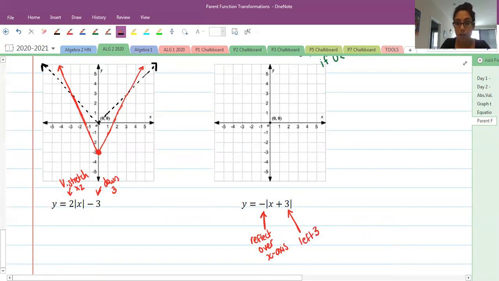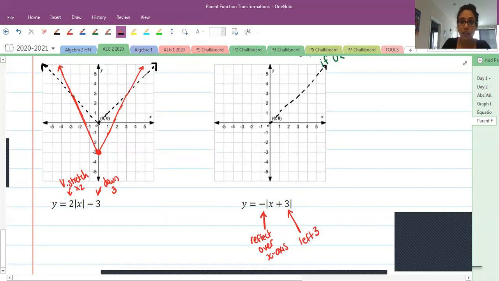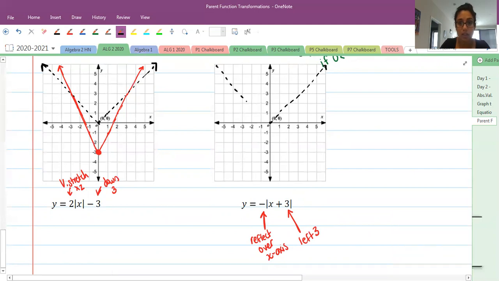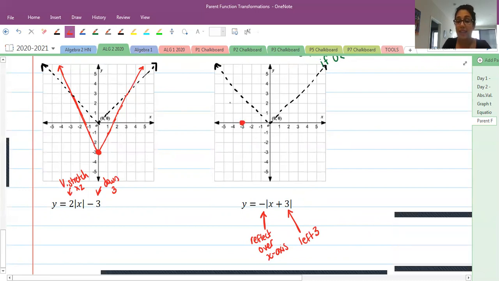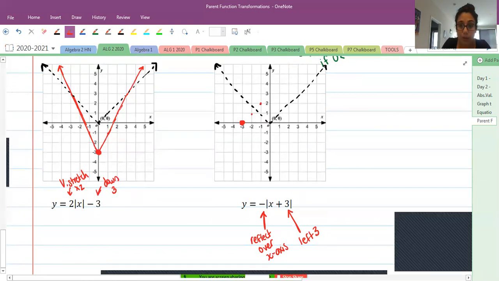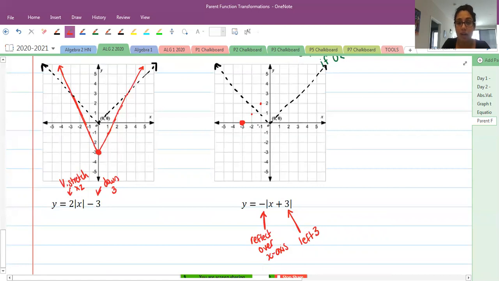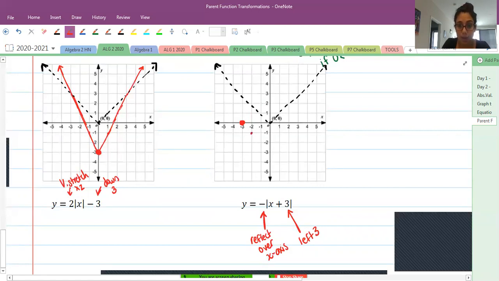So real quick, I'm going to draw my parent. It's going to the left 3, 1, 2, 3. And then it's going to flip upside down. So instead of going up 1, right 1, I'm going to go down 1, right 1.